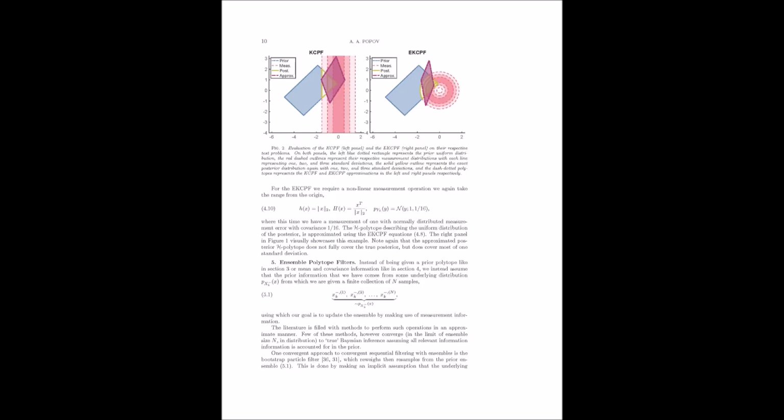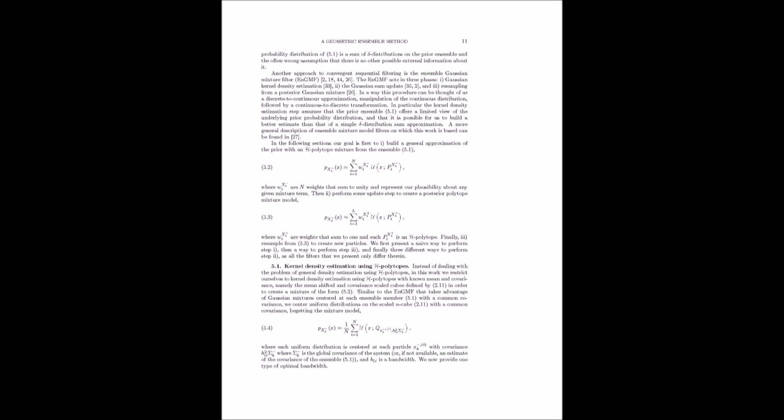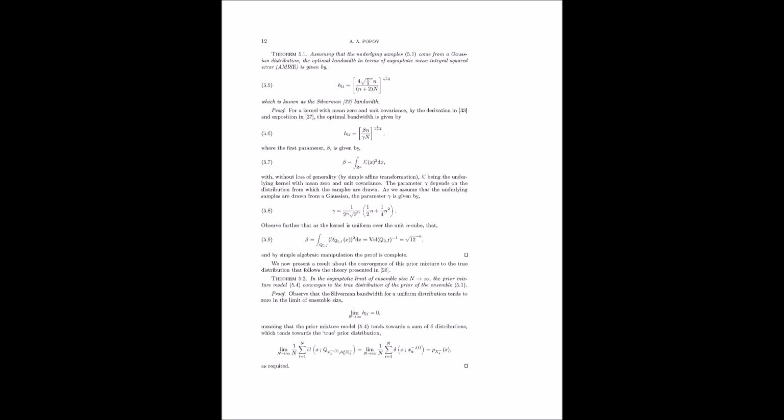In the CPF, we were assuming that the measurement was a linear function of the state. But in a lot of real-world applications, that's not the case. So the ECPF uses a linear approximation to the nonlinear measurement so that it can still use the same basic framework as the CPF. Okay, so it's basically just a way of dealing with the nonlinearity in the measurement equation.